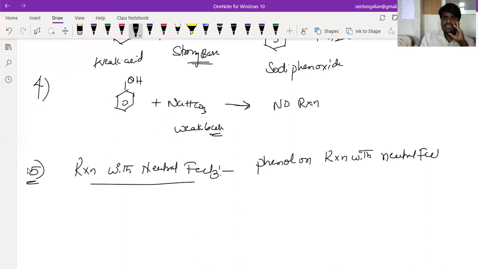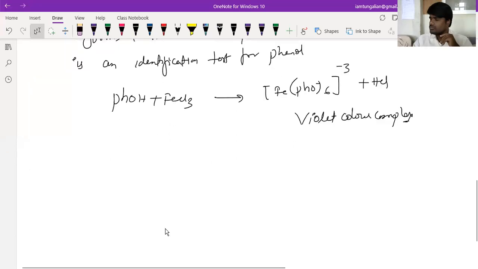But phenol cannot react with sodium hydrogen carbonate. Are you getting this? No reaction, because phenols are weak acids, and sodium hydrogen carbonate is a weak base.